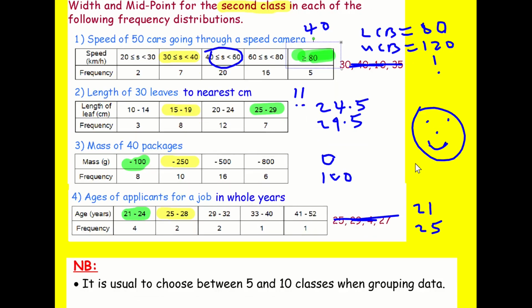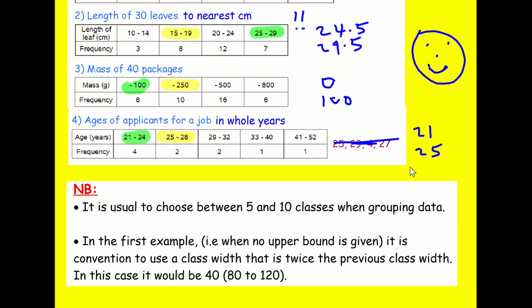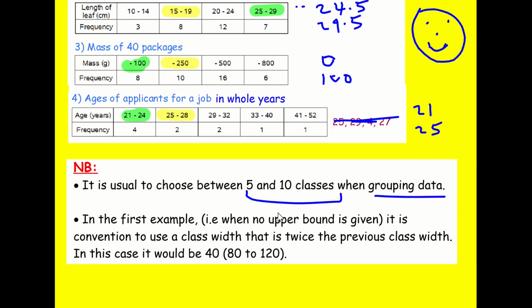Those are our boundaries. Okay, I did talk about this previously. It's usual to choose between 5 and 10 classes when grouping data. I said, if you don't have enough, you don't really get a feel for what's going on with the data. If you have like 100 classes, again, there's just too much going on. So 5 to 10 is just a good shout if you were ever to make grouped frequency tables yourself, or if you're asked about them.